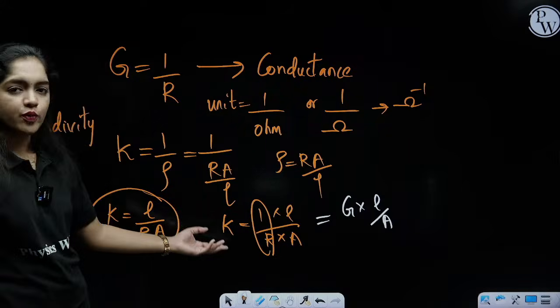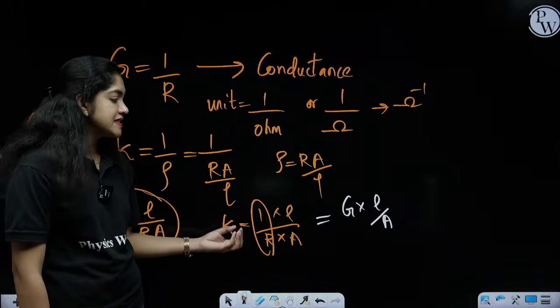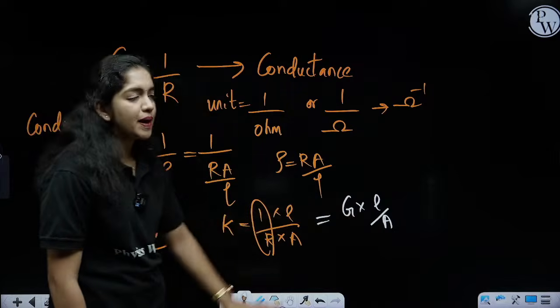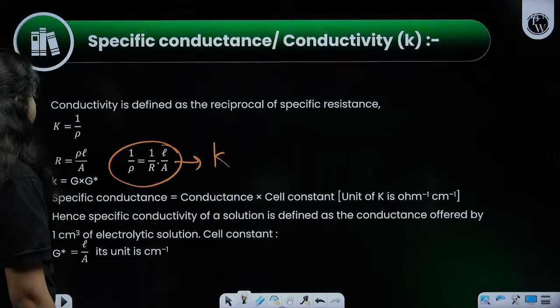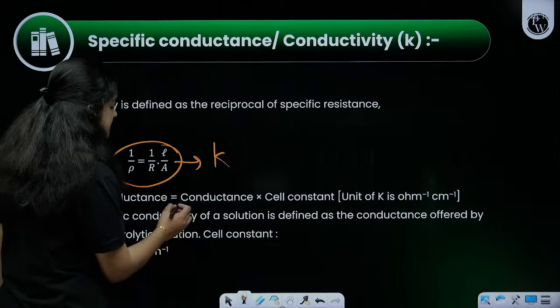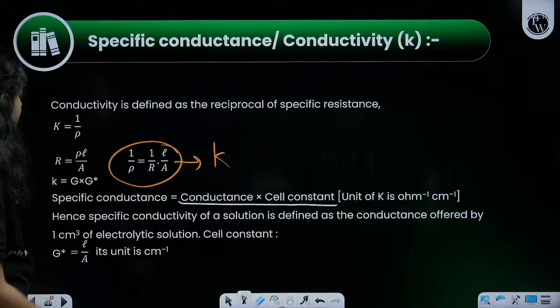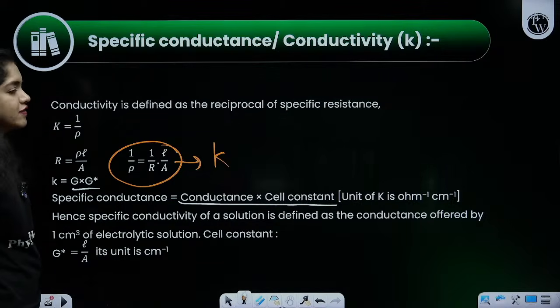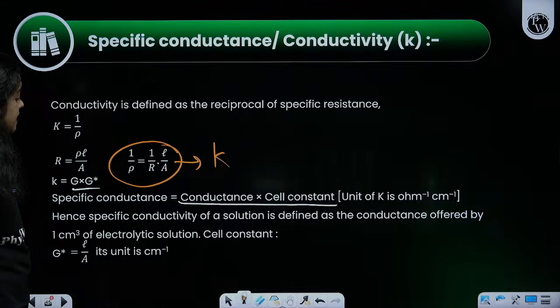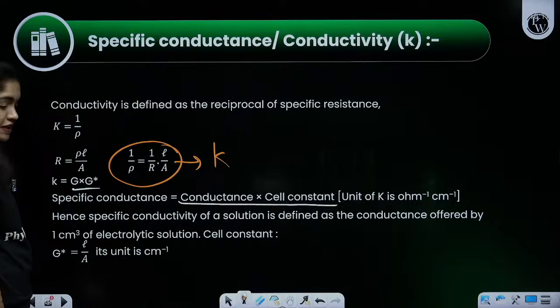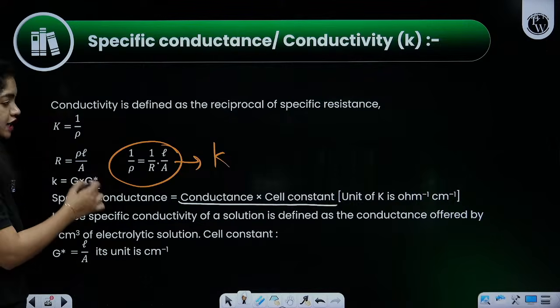So, what is the final equation for kappa? The conductivity is given by conductance into L by A, and the specific conductance is equal to conductance into cell constant. We can represent L by A by G star, so L by A equals G star. So K equal to G into G star.